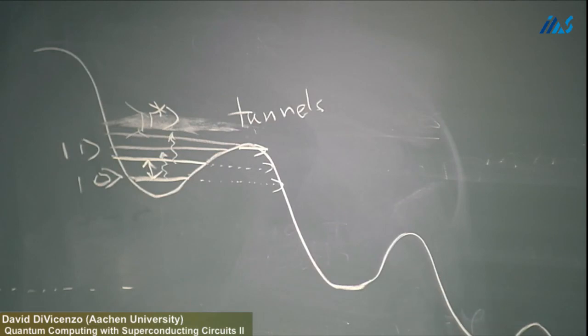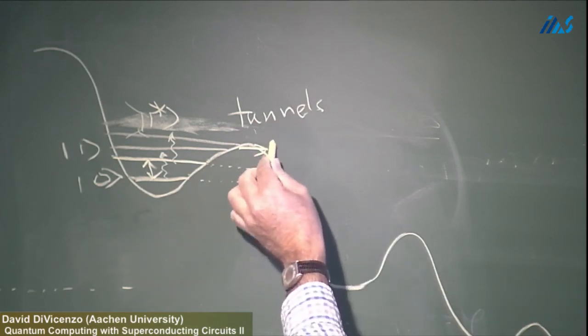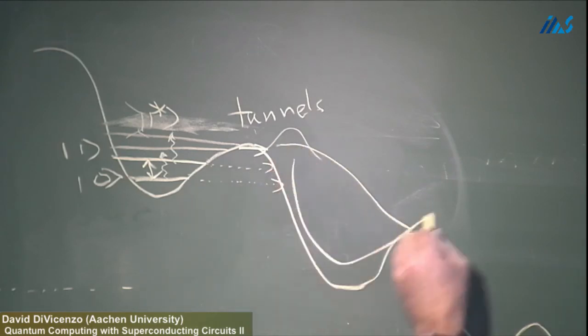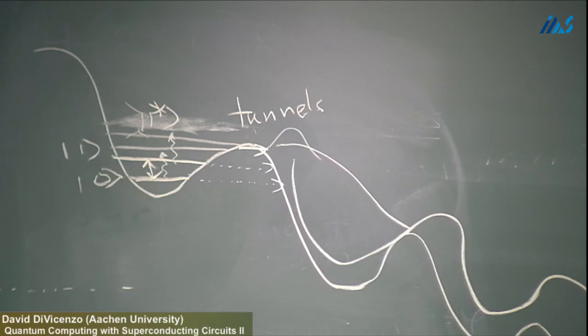And then what happens? Well, the wave packet is out here, so to speak, and there's nothing to stop it. So basically, it rolls down the potential. Now, what does that mean? This is phi. So that means there's a non-zero phi dot in the quantum state at that point. And remember, that means there's a voltage.